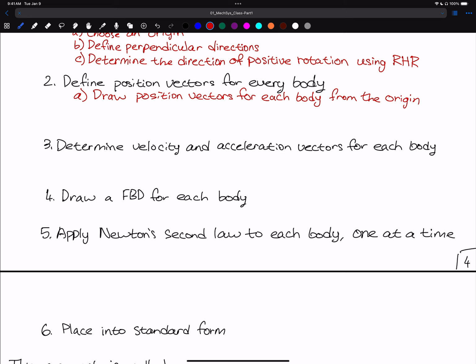By doing this, we are using the same fixed reference frame rather than using separate reference frames for each body and then having to relate them through relative conditions. Although you can do that, we ultimately want to describe everything using a single fixed reference frame and a single fixed coordinate system.